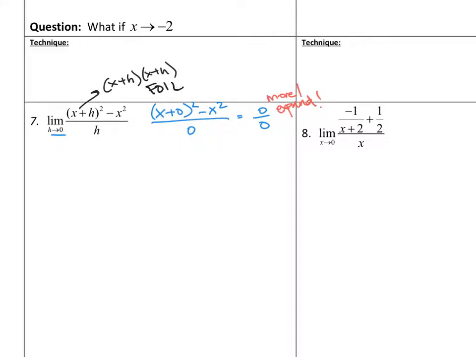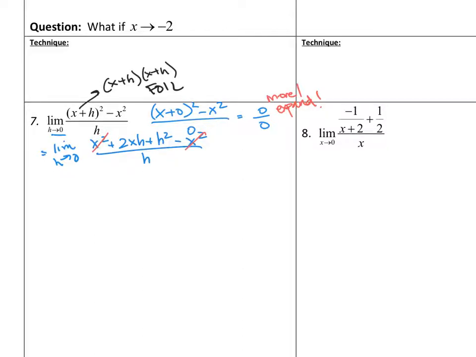I'm going to go ahead and write down what we end up with instead of showing all those steps. I'm hoping we're pretty darn confident at foiling by now. So we would end up with x squared plus 2xh plus h squared, and then minus the x squared, all over h. When we simplify this, the x squareds go to 0.